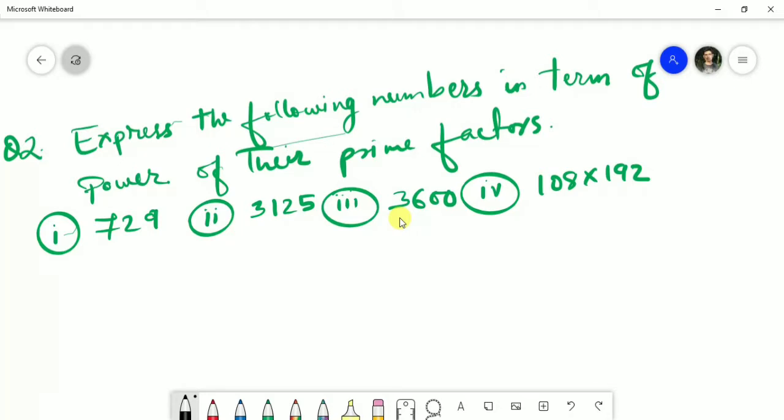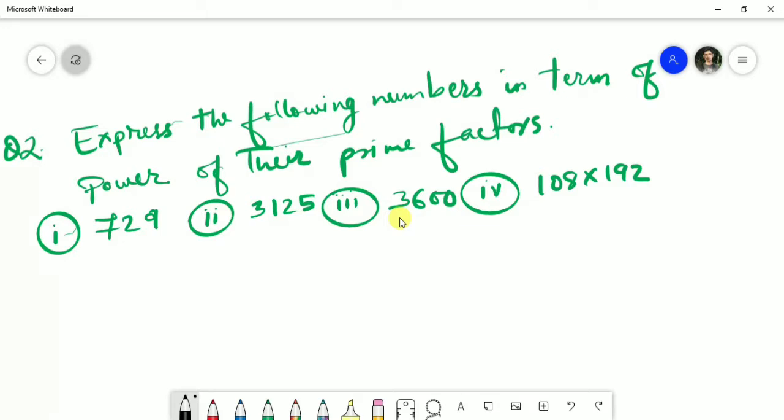Now, I will try to do it as easily as possible to make you understand. I will do it one by one. I know that 729 is a power of something, because I have done it so repeatedly that it's already by-hearted.